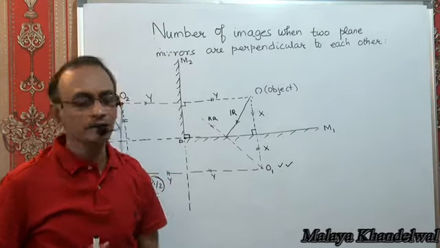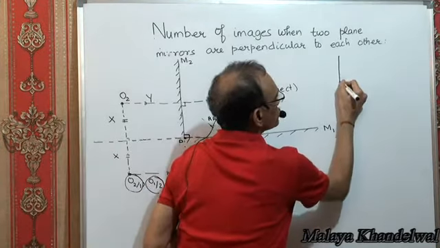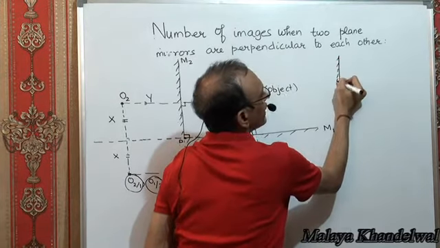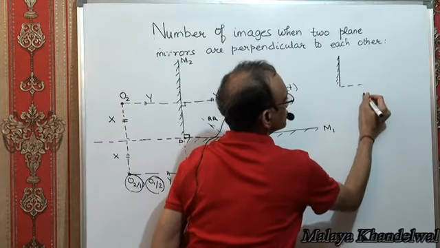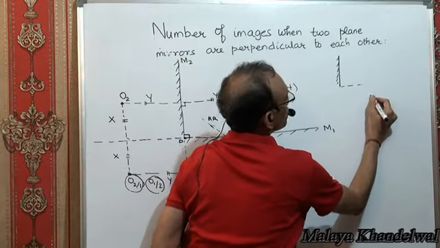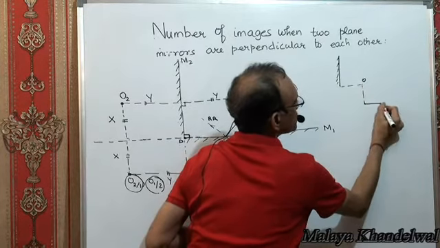How about this? There is also a situation where I could have had a mirror like this, and an object O here, and this could have been another mirror.